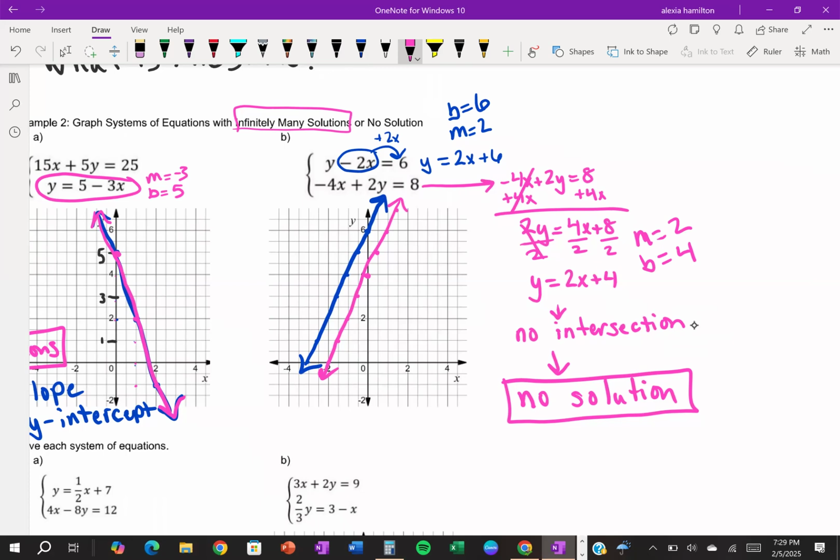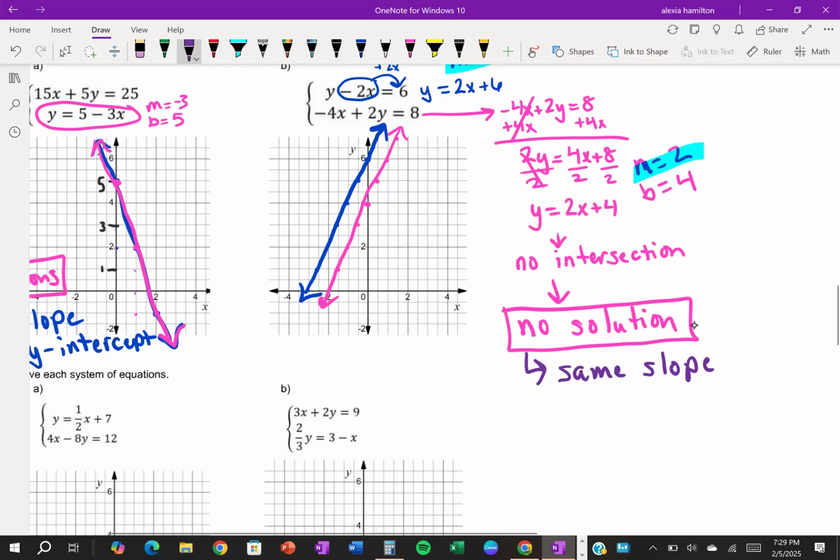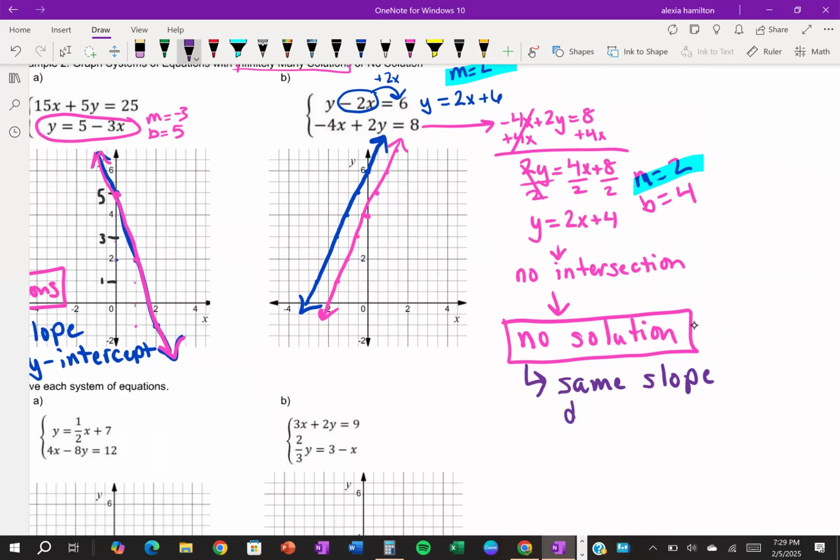So what's the same? The slope is the same. Only the slope is the same. So for no solution, they have the same slope, different y-intercept.